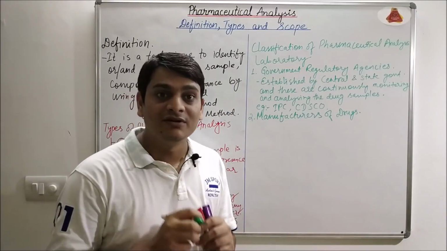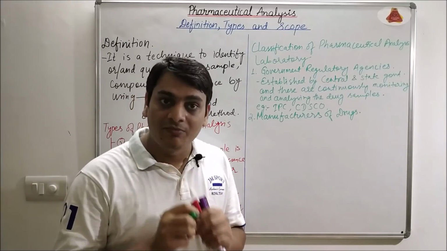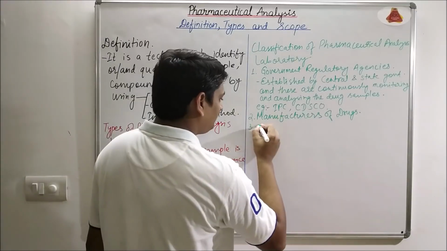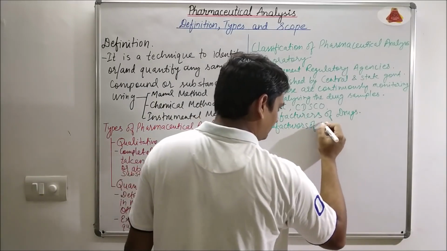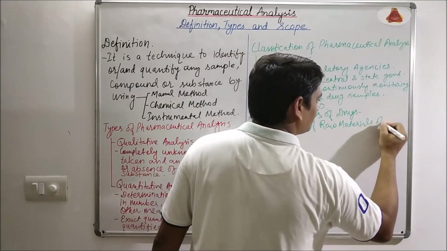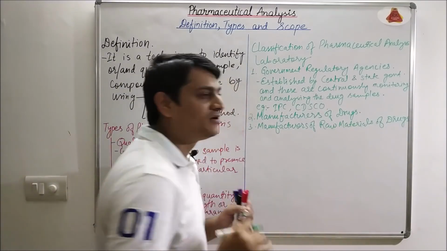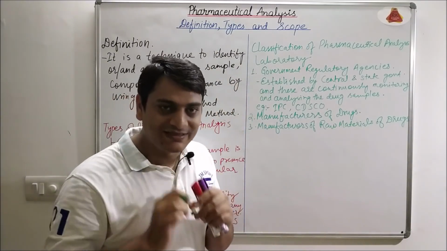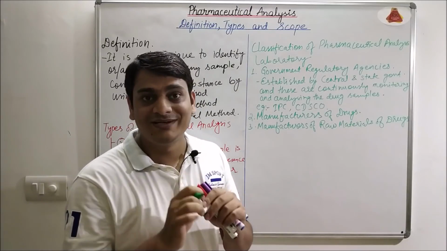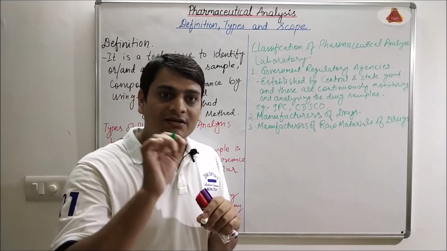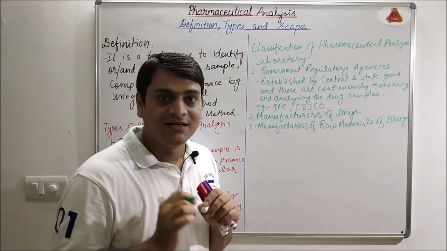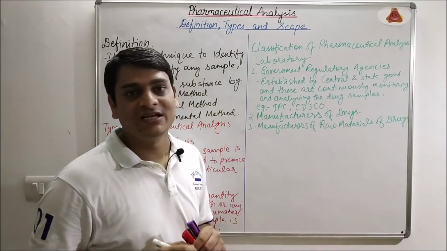Now coming to the third one, that is manufacturers of raw materials for drugs. Various industries are producing raw materials for drugs, and those industries have their own setup of pharmaceutical analysis laboratories, and in those laboratories analysis of these raw materials takes place.